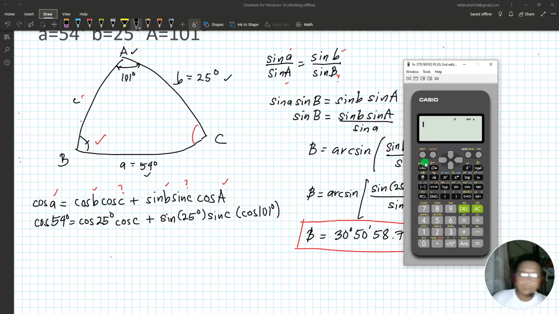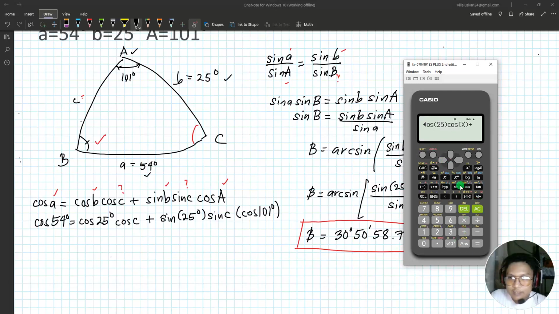It means that if you input the equation cosine 54 equals cosine 25 cosine C plus sine 25 sine C cosine 101, the calculator will automatically calculate the variable C. So let's input cosine 54 equals cosine 25 and cosine C. In solving for the variable C, in our calculator we will use the letter X. So always use X in solving the unknown in an equation.